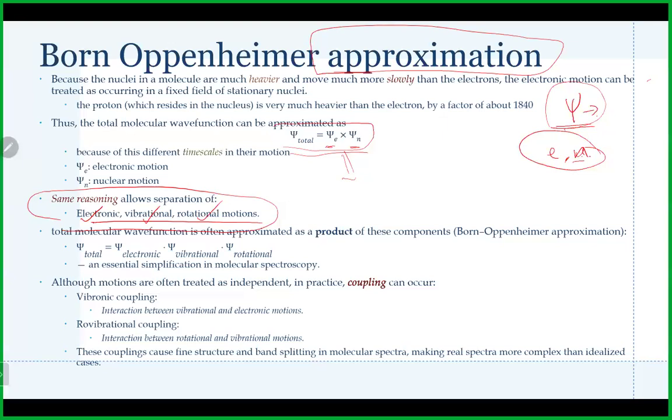This is an approximation, which means it works in certain limits. And again, we mentioned it a little bit the previous time when we were talking about the electromagnetic spectrum. There can be overlaps in some areas.